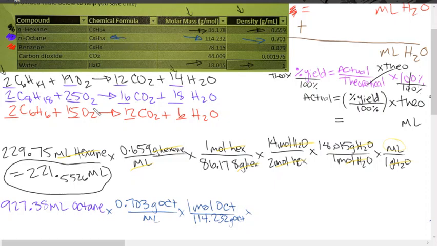When you're doing stuff in the future, though, like hexane and octane, you're supposed to know those. But that's the future. That's why I gave them to you now. Anyways, so we're at moles of octane. So for every 2 moles of octane, we get 18 moles of H2O.